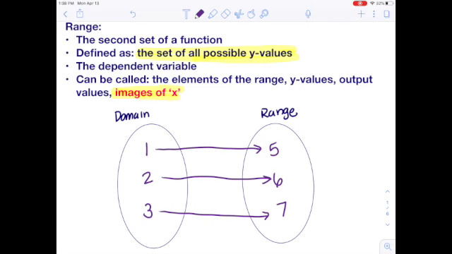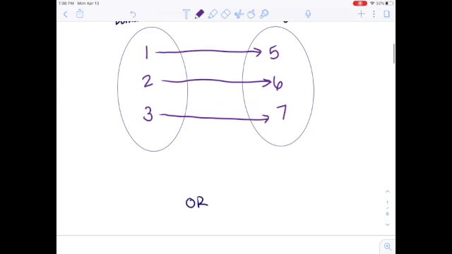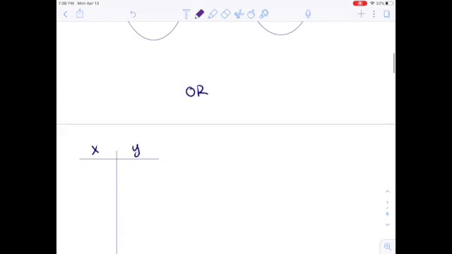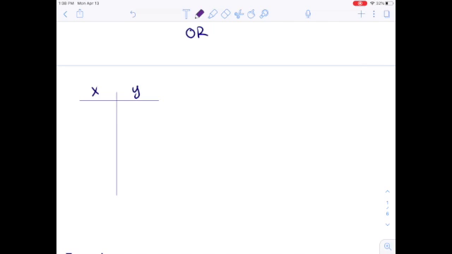And what it would look like in a t-chart, so those are all one-to-one. In a t-chart, you could see your x values on the left column and the y values on the right column. So you would have 1, 2, 3, and then you would have your 5, 6, 7, and these would be coordinates.